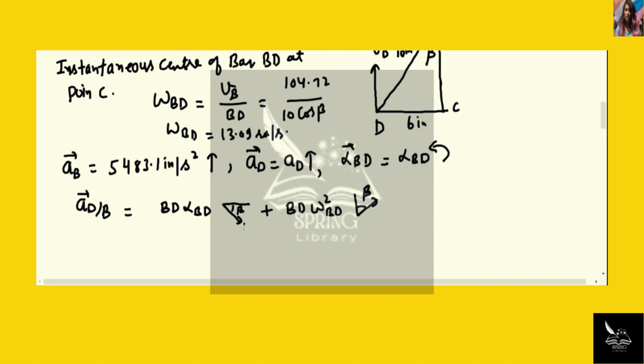So BD is 10. So the acceleration of D in reference to B point is 10 alpha BD in this direction, plus omega BD, which we have calculated, BD you know, so 10 into 13.09 whole square.